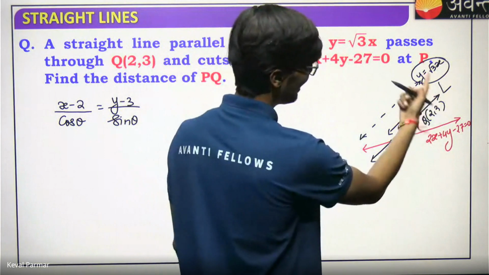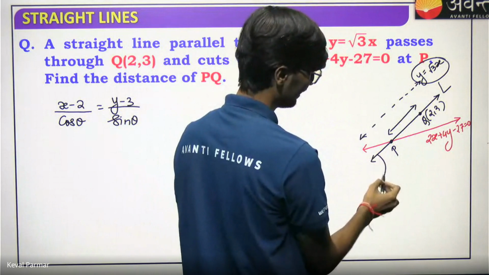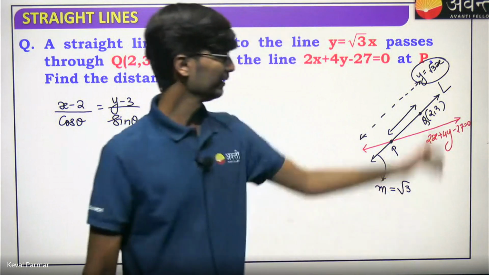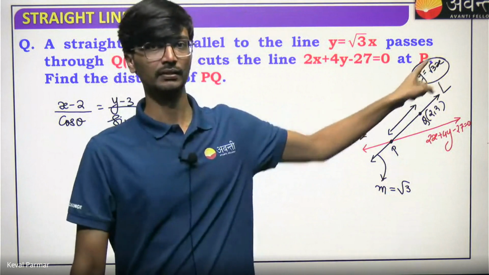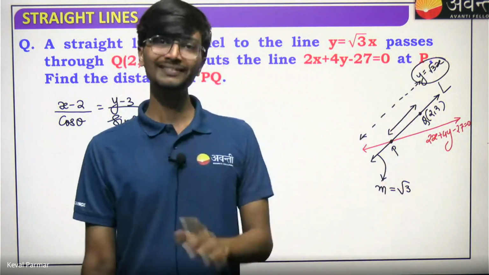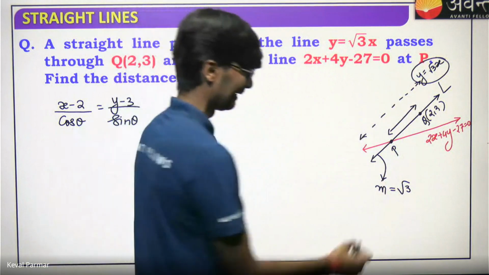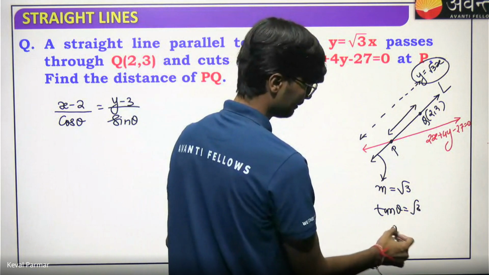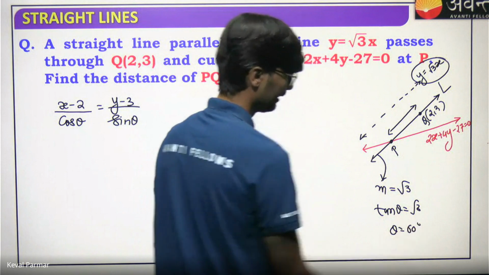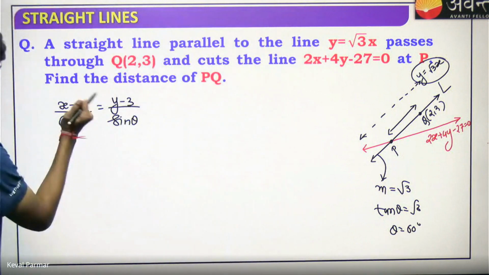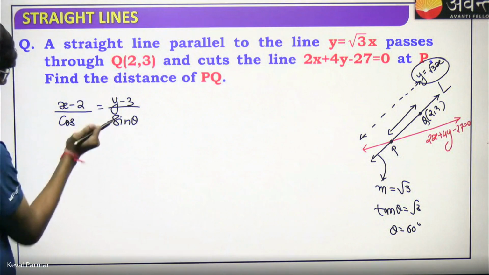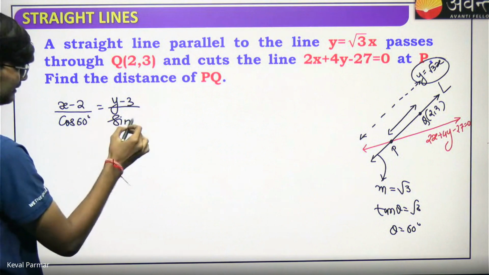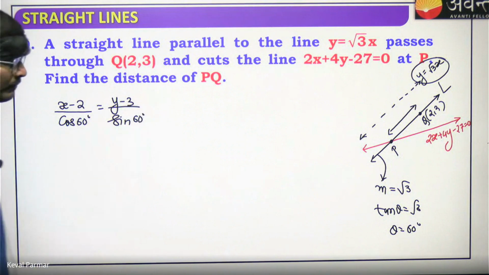So if L and this line are parallel, then slope of L will be root 3, y equals mx, right? Both slopes will be the same, so tan theta equals root 3. That means theta is 60 degrees. So I can write (x minus 2) upon cos 60 equals (y minus 3) upon sin 60.